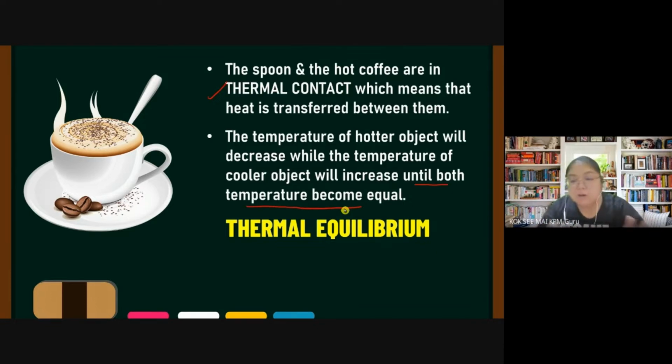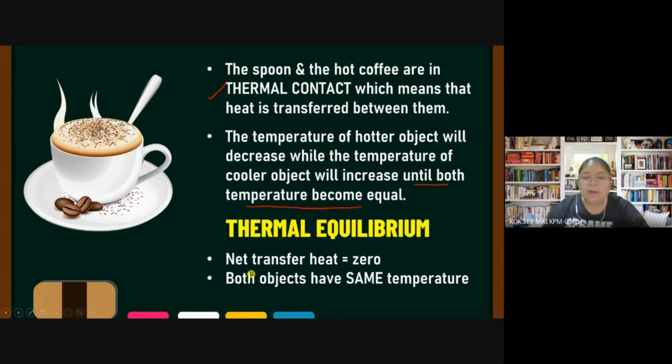After a while, after some time, both temperatures are almost the same already. When they are the same, you can talk about the net heat flow. Now it is zero. Net heat flow is zero. So we can say this situation is thermal equilibrium.